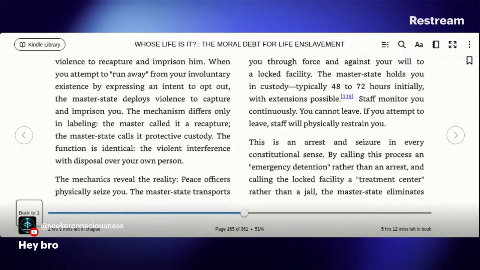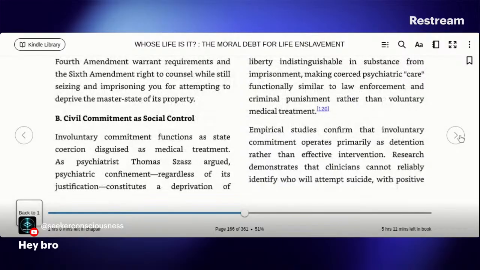This is an arrest and seizure in every constitutional sense. By calling this process an emergency detention rather than arrest, and calling the locked facility a treatment center rather than a jail, the master state eliminates Fourth Amendment warrant requirements and a Sixth Amendment right to counsel, while still seizing and imprisoning you for attempting to deprive the master state of its property.